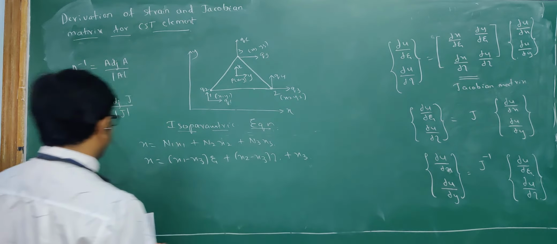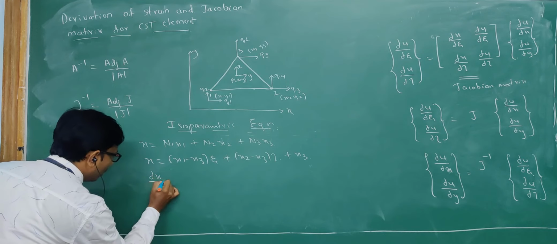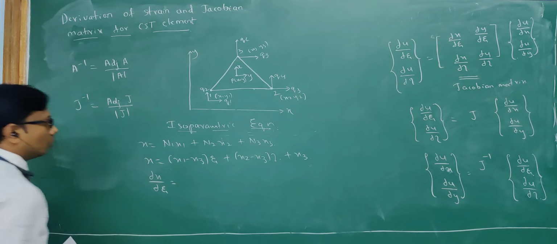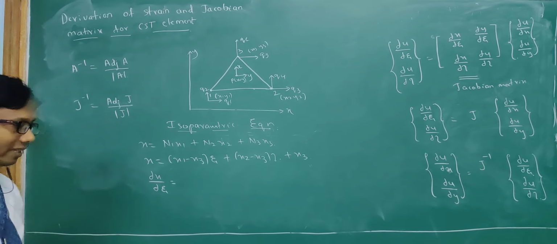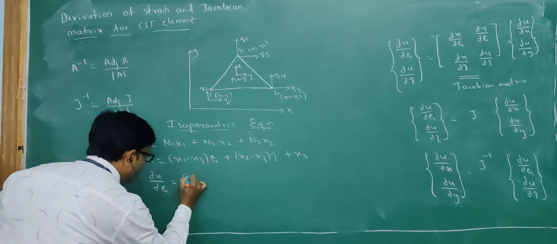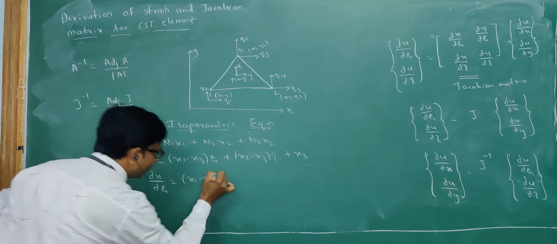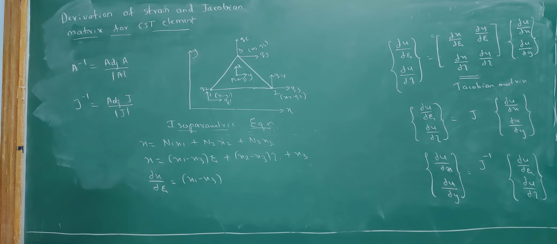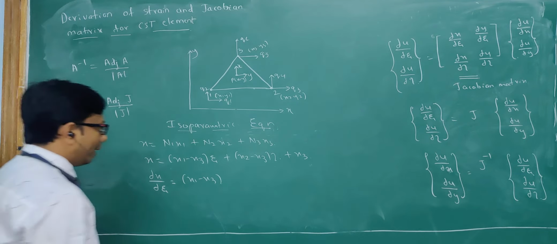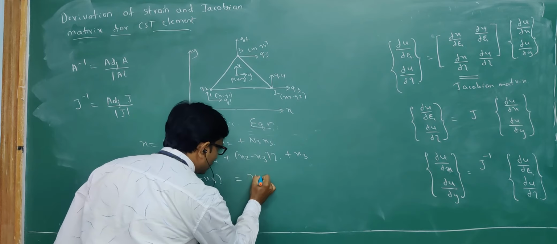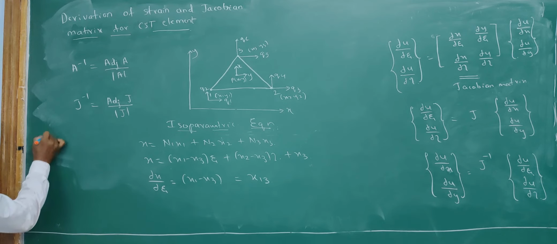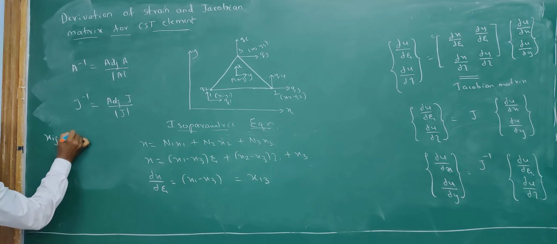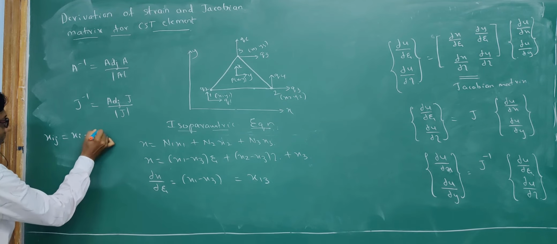So we need dou x by dou zeta. If I do it, I will be getting x1 minus x3. To make it simple, I will write x1 minus x3 as x13, which means xij is xi minus xj.